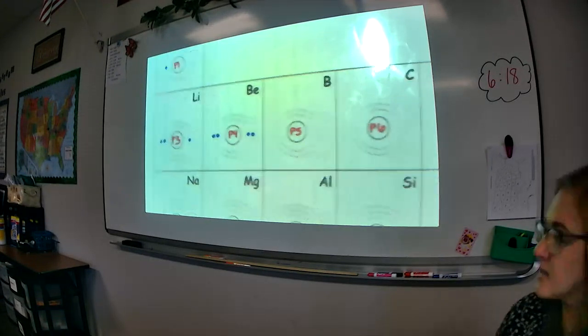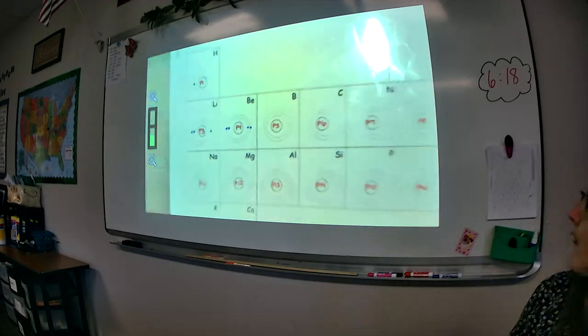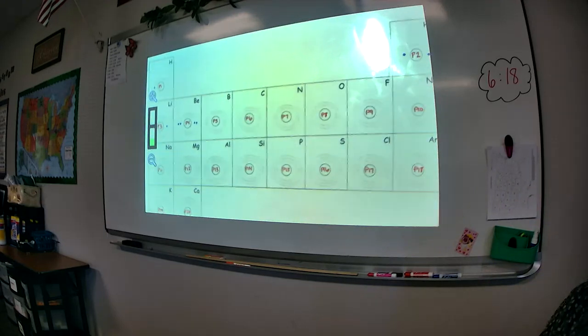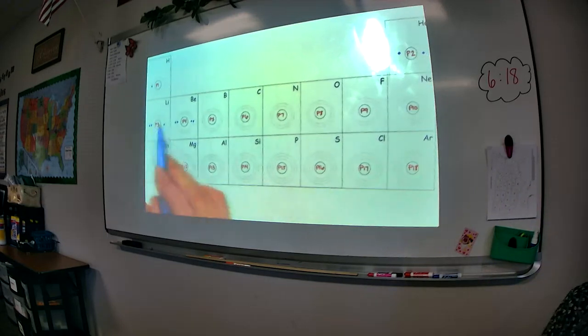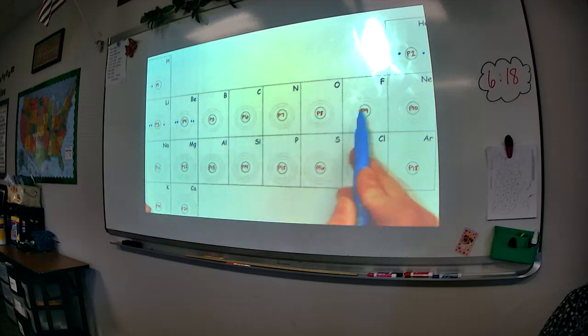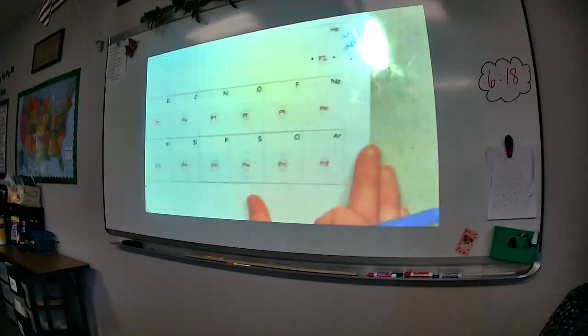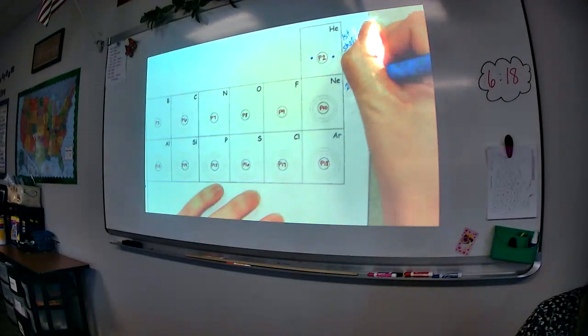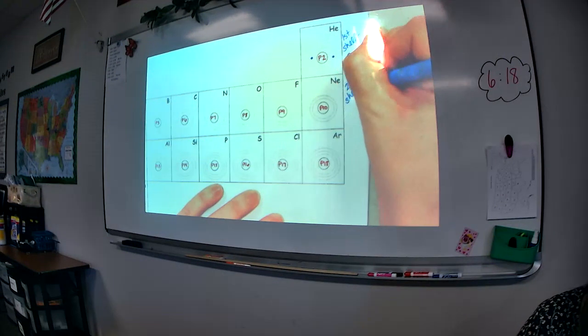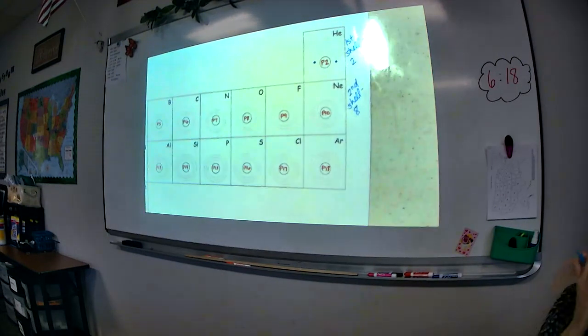Now, look at this. The second shell can hold 1, 2, 3, 4, 5, 6, 7, 8 electrons. Now, that's after the first shell has its 2.